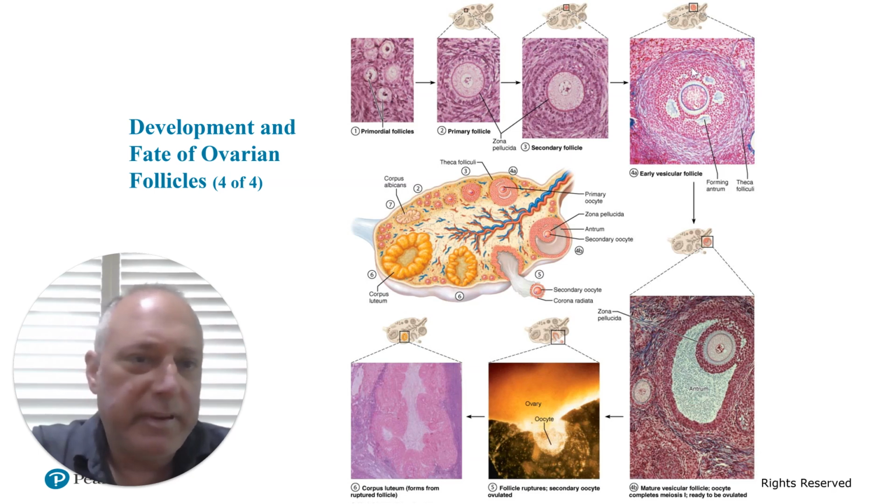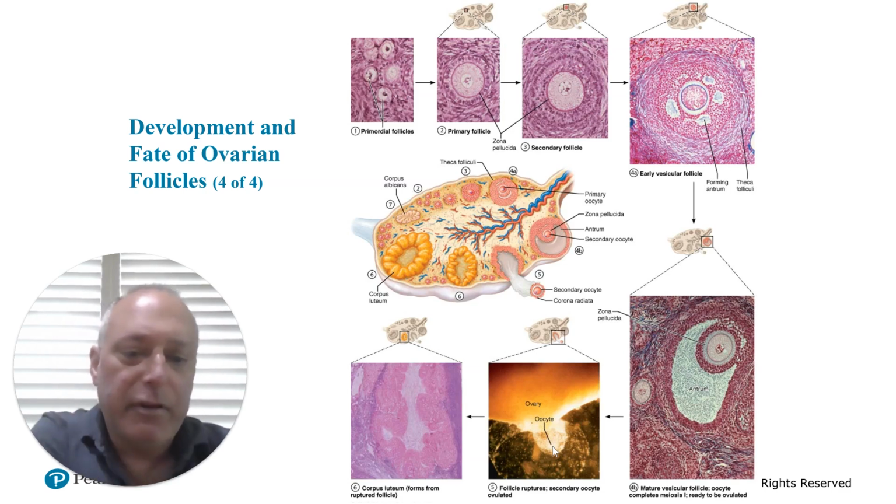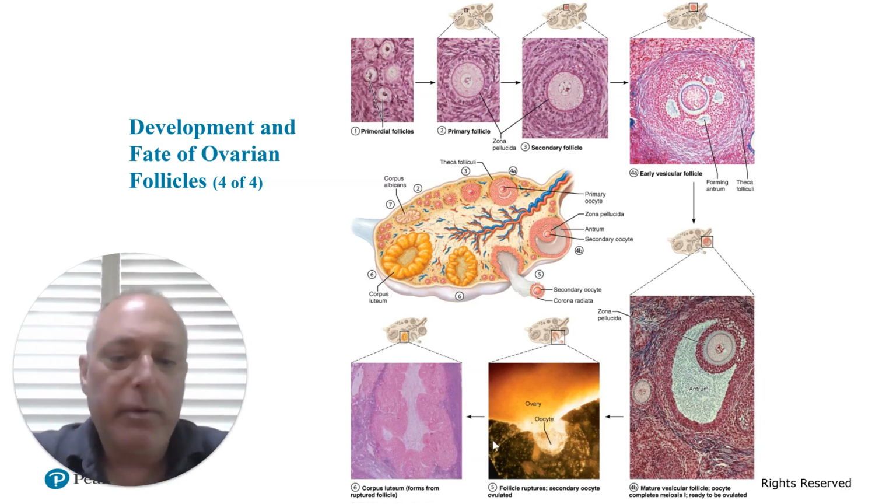So we see the follicle is developing, it's now mature, and you've got ovulation, which is release of the oocyte from the follicle. Now the follicle is called the corpus luteum, and it will continue to be active even though it has ejected the egg.